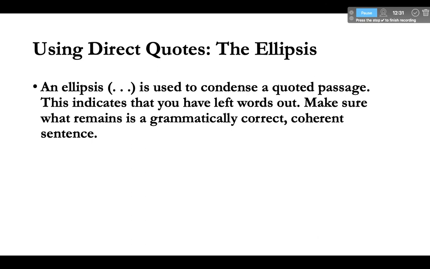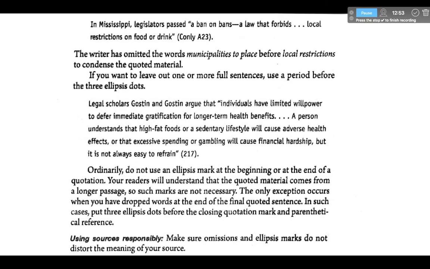When you're using an ellipsis, you need to make sure what remains is a grammatically correct, coherent sentence, and you cannot use the ellipsis to change the meaning of the piece of text that you're quoting, okay? Because that violates academic integrity. So let's look at an example.